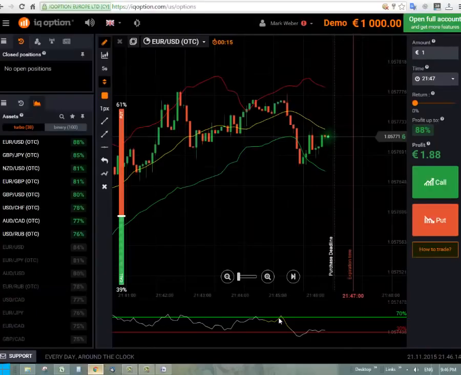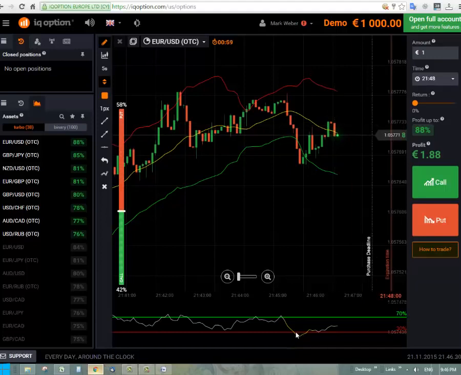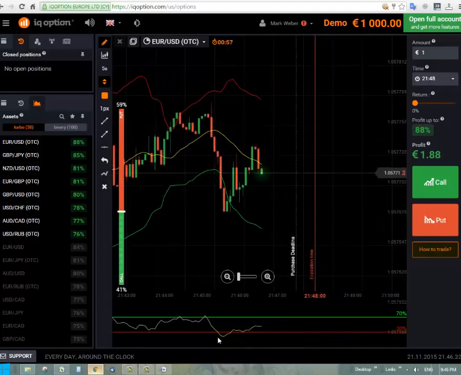When the price of an asset overcomes the green line of 70%, that means that the price of the asset at that moment is overbought. And when the price of the asset goes below the 30% line, that means that the asset is oversold.